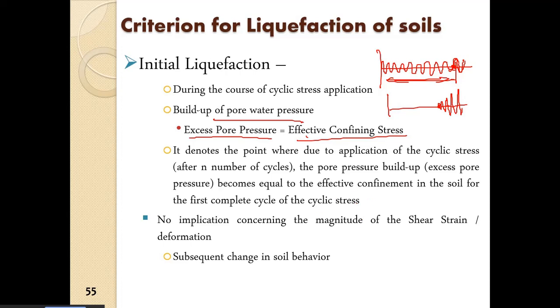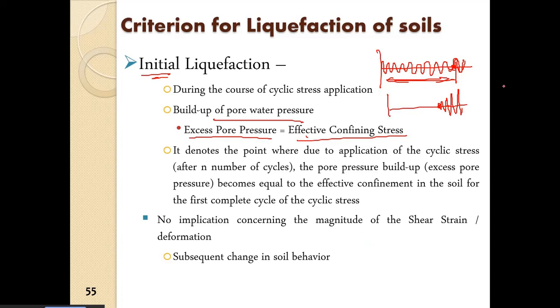That is the point of initial liquefaction. Now this has no implication concerning the magnitude of strain, the deformation in the soil. It does not define that, but it defines the point where there is a change in the soil behavior.